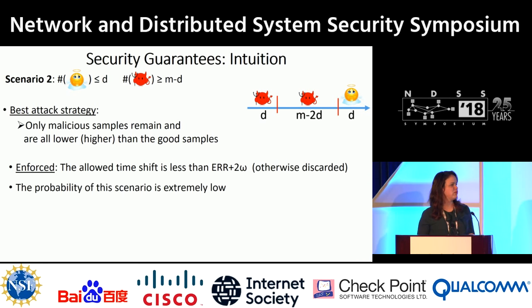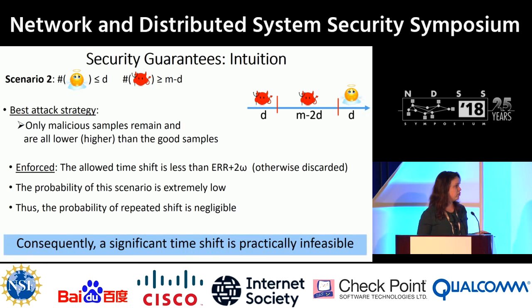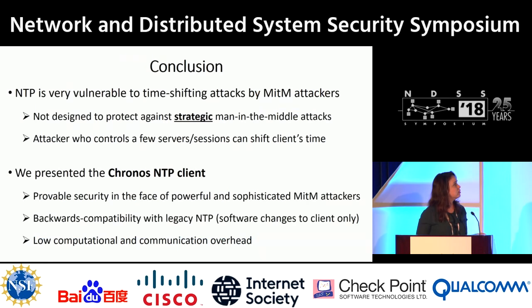Moreover, the probability of this scenario is extremely low, since malicious servers should randomly be chosen at a much higher rate than their rate in the population, in the pool. And of course, the probability of repeated shifts is negligible, and that is why we say that a significant time shift is not practical.